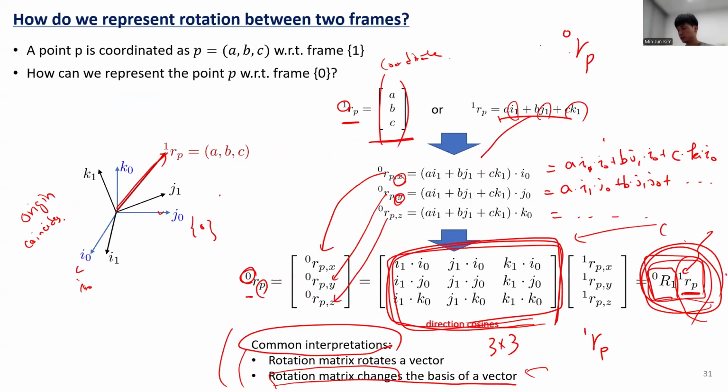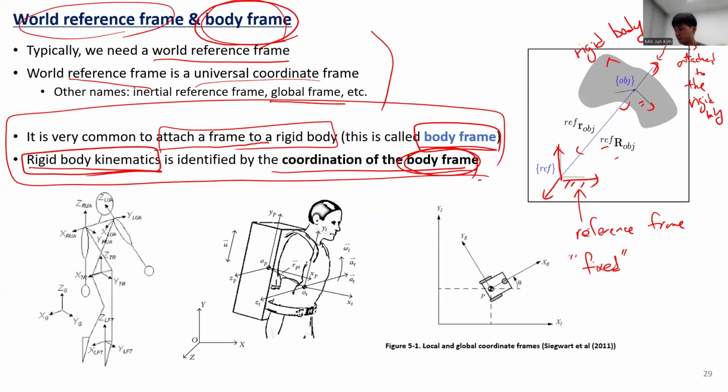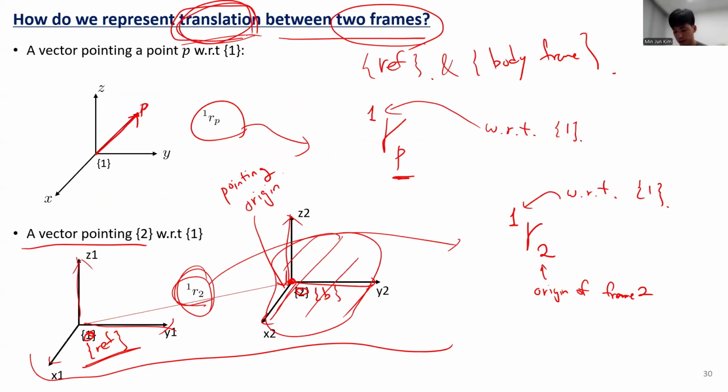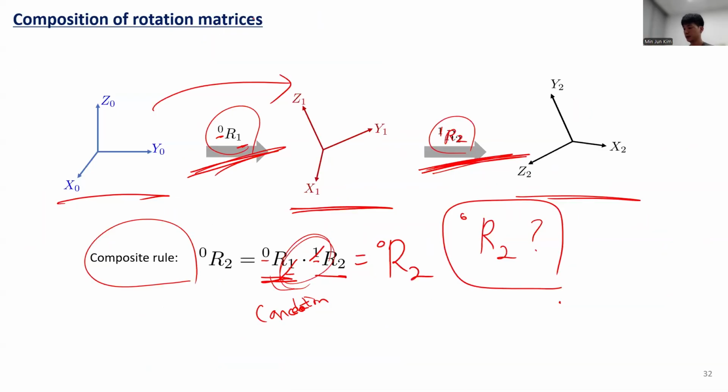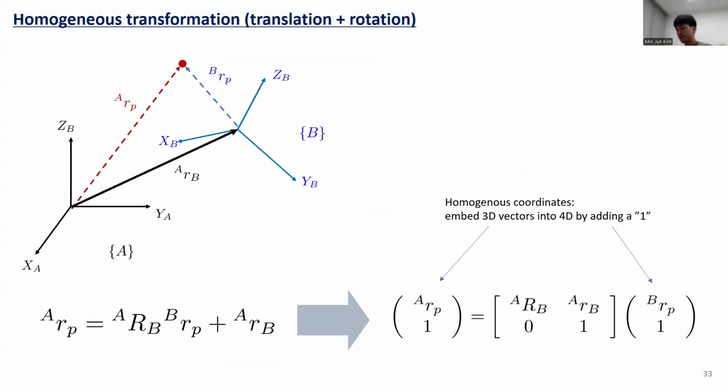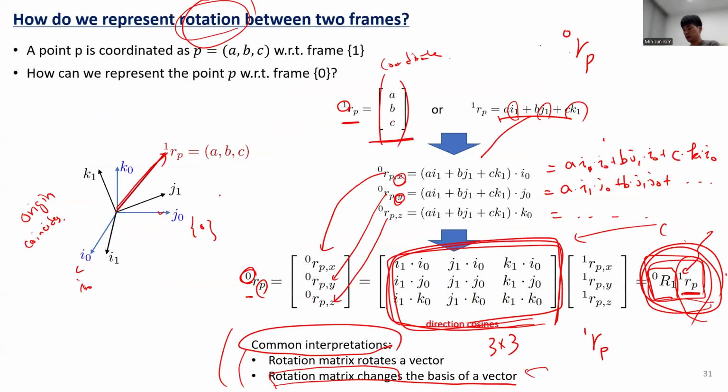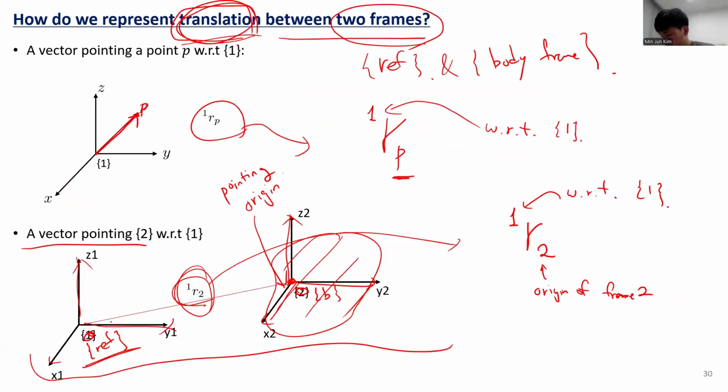All right, so first we saw what a translation is, and then we saw what a rotation between two frames is. Actually, we can combine both, right? We can have translation and rotation at the same time. Translation is just translating a frame without rotating the frame, right?